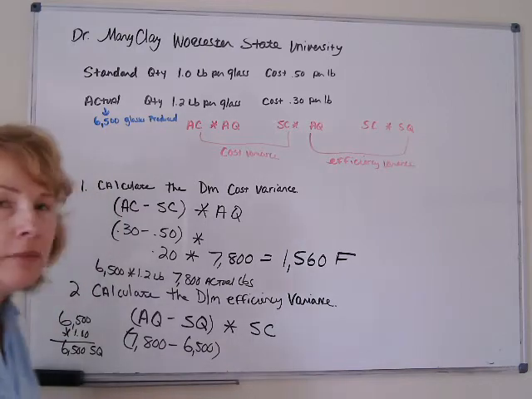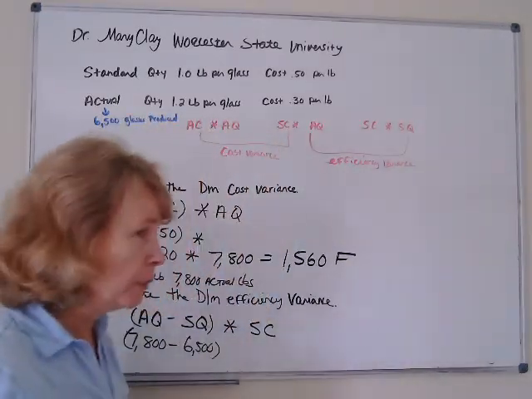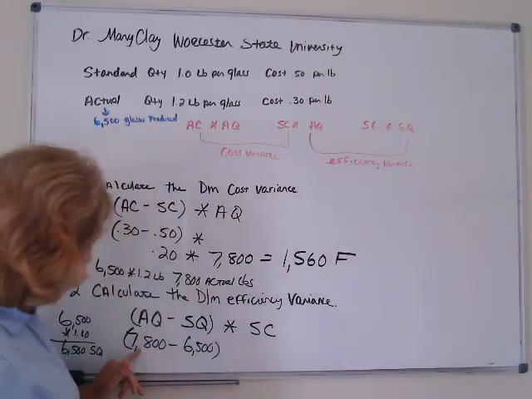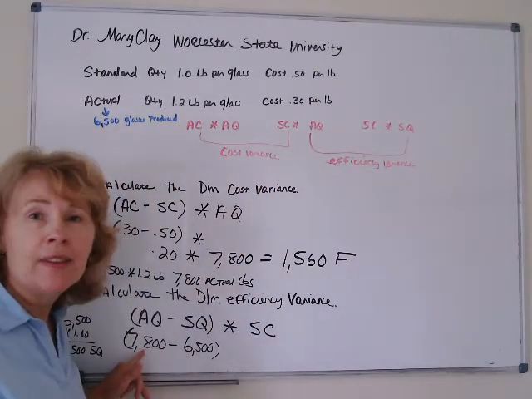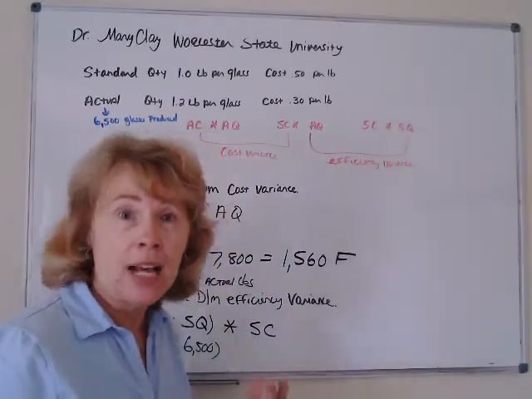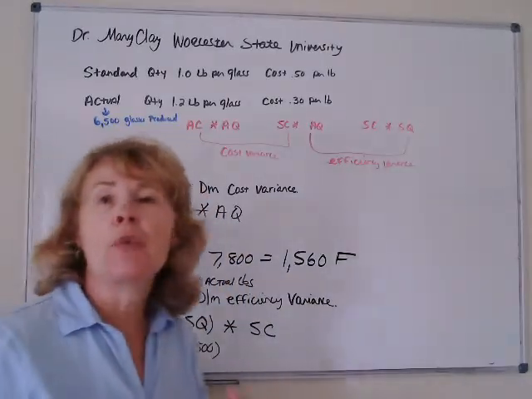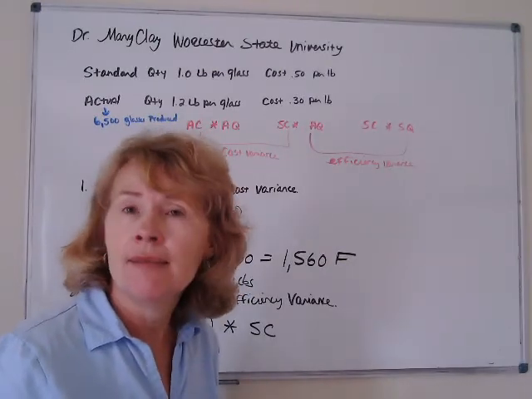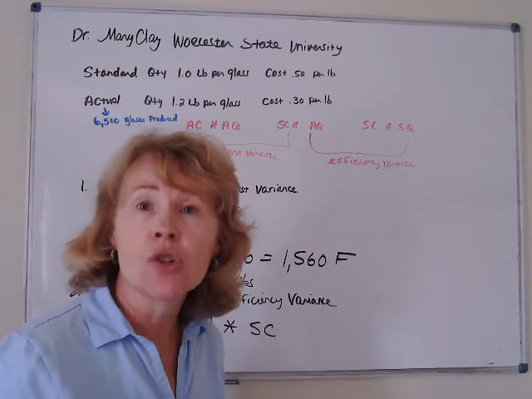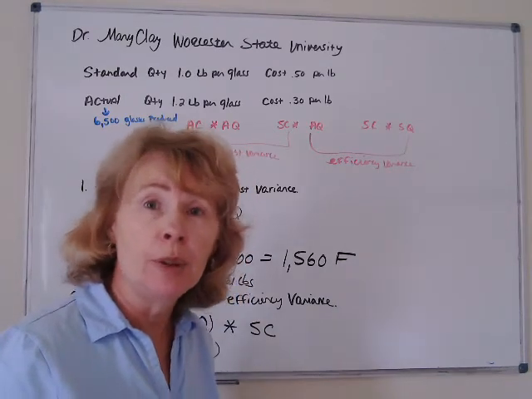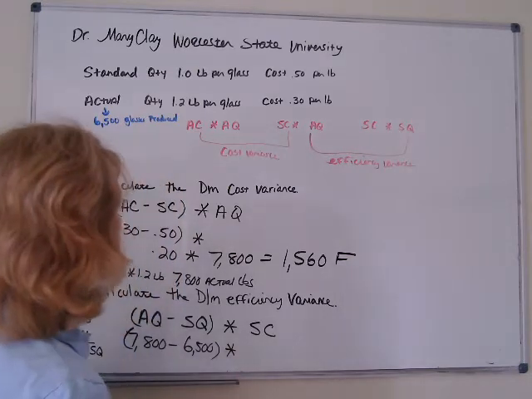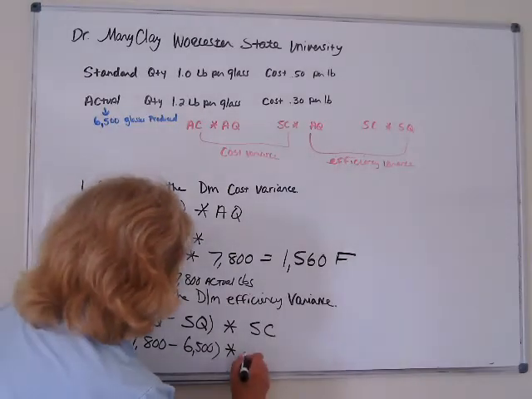I input that number in. Again, eyeball it before you begin. You can tell it's favorable or unfavorable right now. My actual quantity was 7,800. I estimated that I would use 6,500. That's bad. I used more than what I estimated, so my answer will be unfavorable. Now I take it and I multiply it by my standard cost, which is 50 cents.